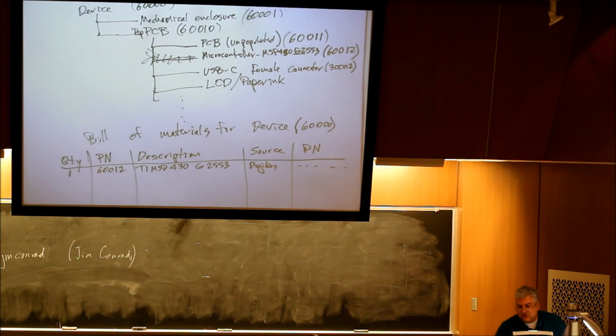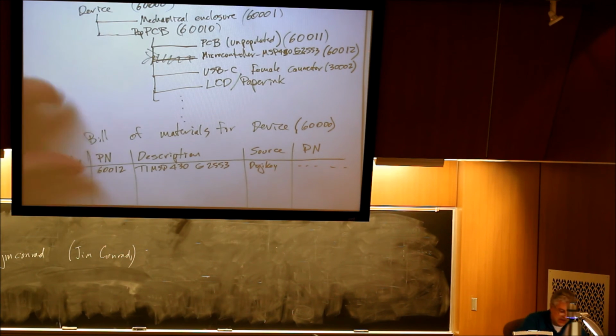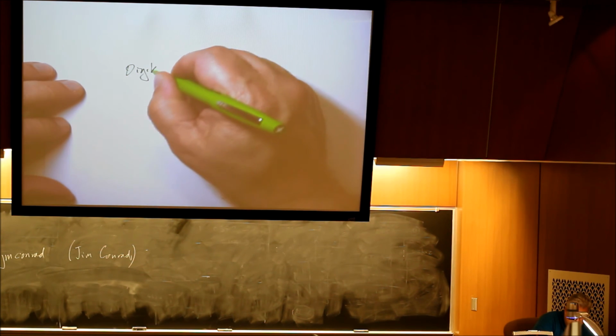Now comes the question: who do I buy from? As I've mentioned before, good places to buy from, that we have agreements with, that is really easy, are companies like DigiKey. DigiKey has almost everything.